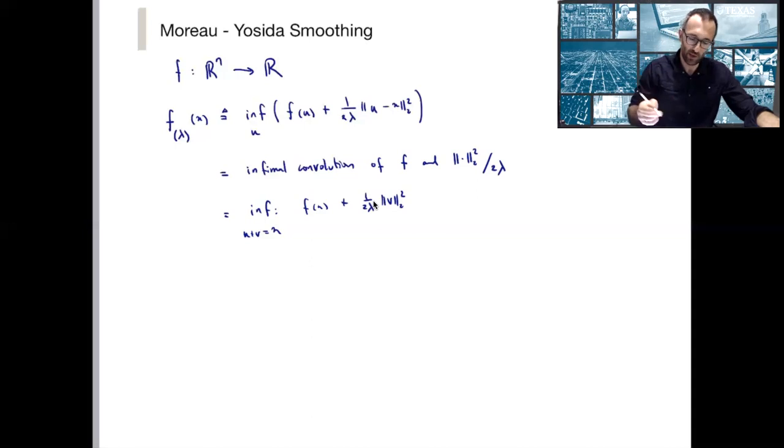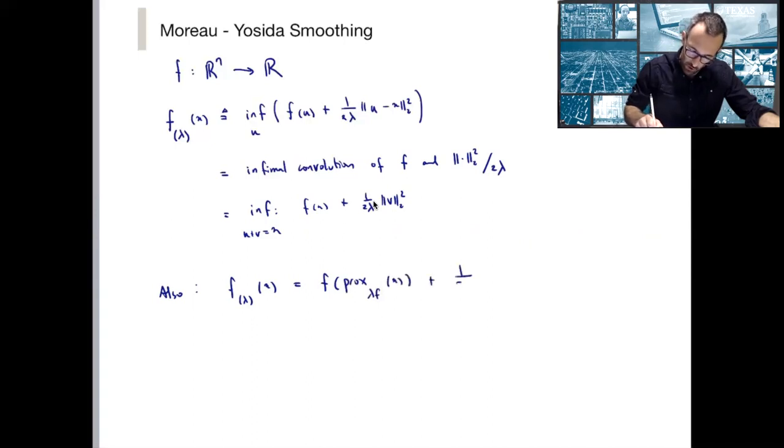And note that we can also write that f_lambda of x is equal to f of prox_{lambda f} of x plus 1 over 2 lambda times the norm squared of prox_{lambda f} of x minus x.